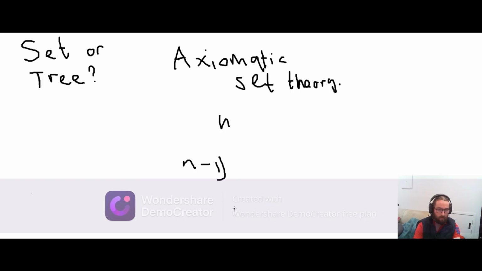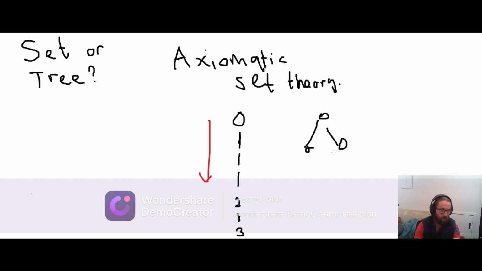It kind of feels like we're doing a tree structure as well, with 0 at the top, 0 leads to 1, leads to 2, leads to 3. This isn't a very exciting tree structure because it's one dimensional, right? There's no branching out. And I suppose in a tree, you want to have branches. Otherwise it isn't a tree. I think part of the point of a tree is that these elements could have more than one child.